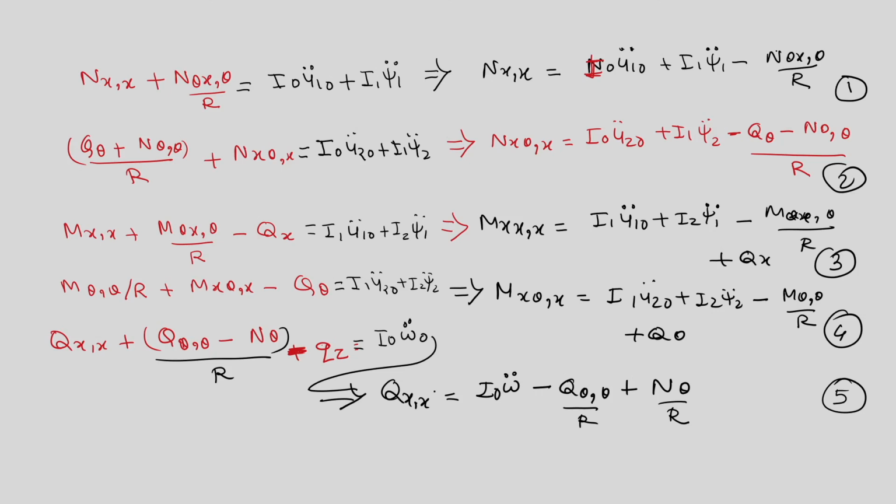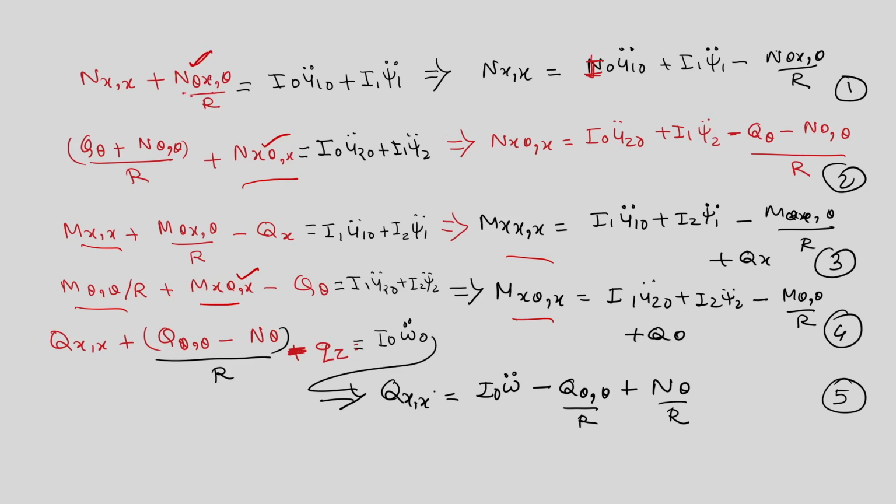So, maybe that n theta x is our variable, or if it is not our variable then we can express it in terms of primary variables, then n x theta comma x from this equation, m x comma x from this equation, m theta comma theta. Here I would like to say that m x theta is our variable, again n x theta is our variable, but n theta x is not our variable.